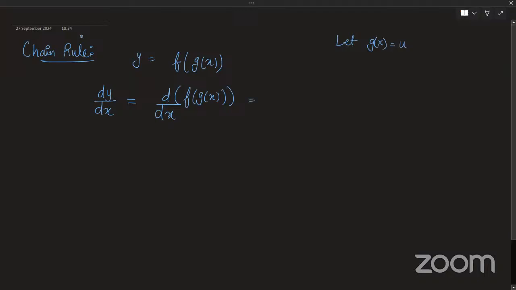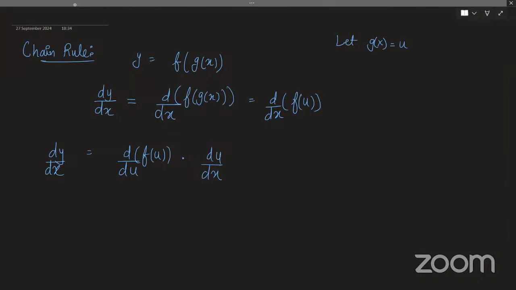So this becomes d by dx of f of u. Do you all agree with this? Now in place of g of x, it is just u. So this becomes d by du of f of u into du by dx. So dy by dx becomes d f of u by du into du by dx.